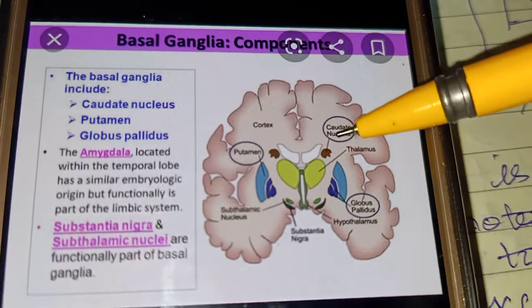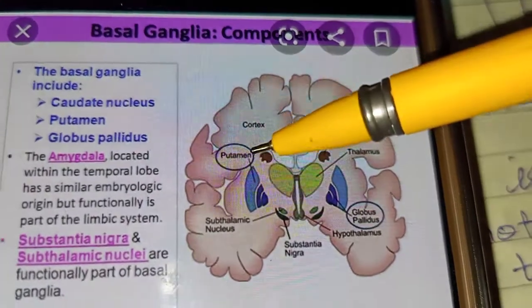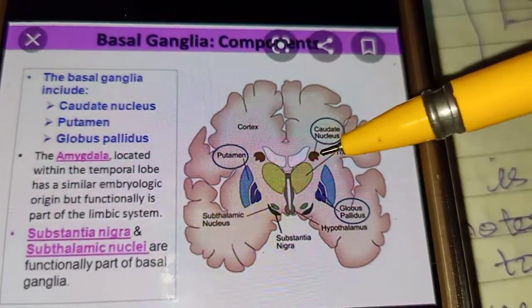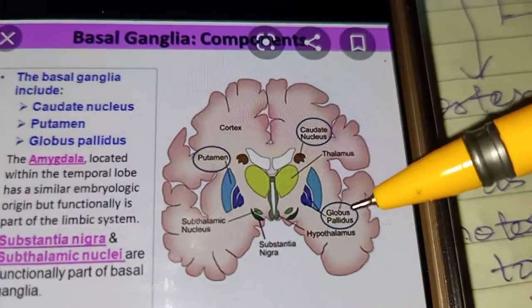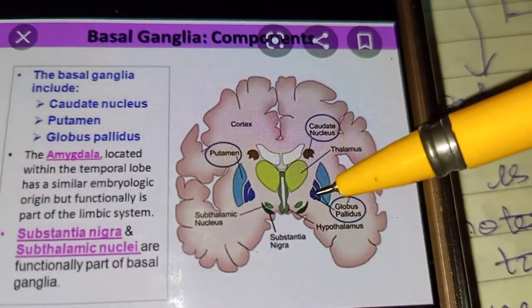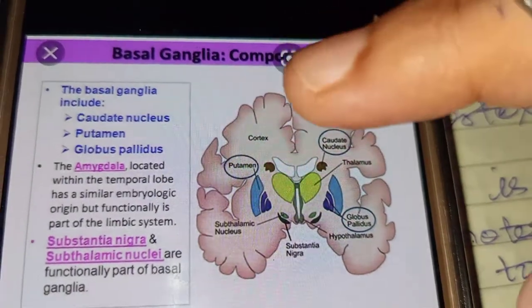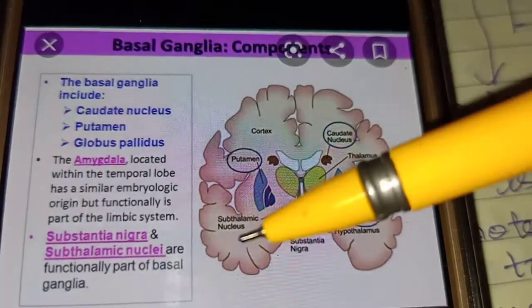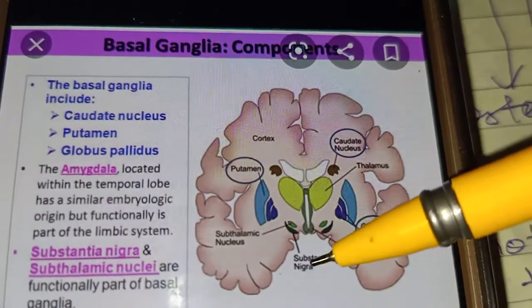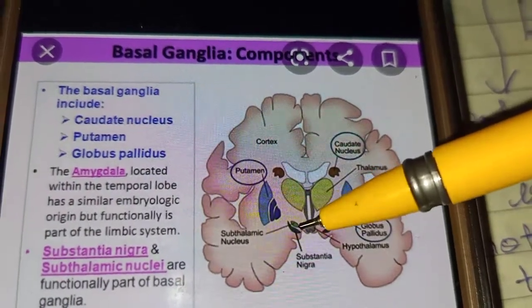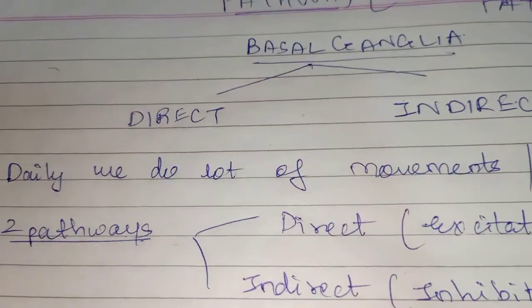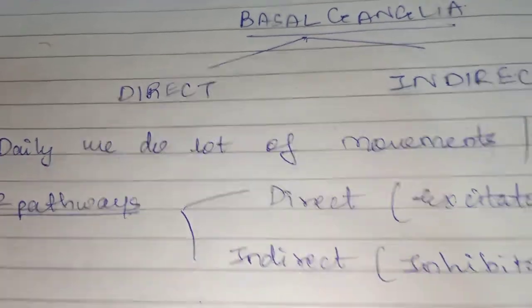Caudate nucleus, putamen. Globus pallidus, which has internal and external parts. Amygdala, which is not seen in this diagram. Substantia nigra and subthalamic nuclei. So these are the components.